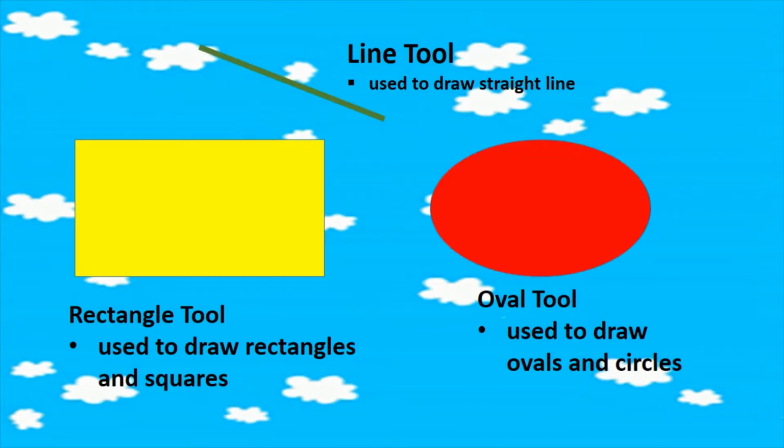Now let's learn how to use some shape tools. Line tool is used to draw a straight line. Rectangle tool is used to draw rectangles and squares. Oval tool is used to draw ovals and circles in the Paint application.